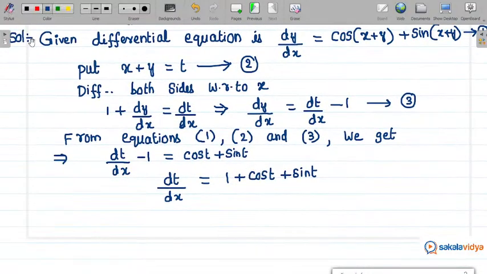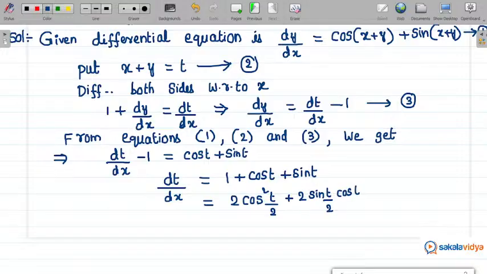So now we get 1 plus cos t is equal to 2 cos square t by 2, and plus sin t you can write 2 sin t by 2 cos t by 2. So we can take out 2 cos square t by 2 common.